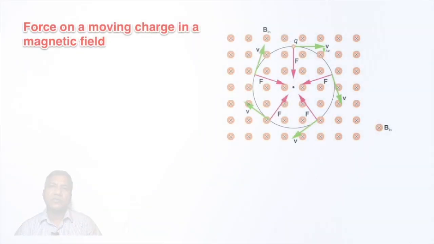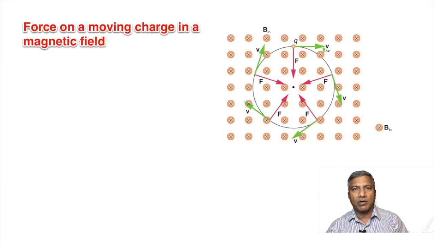One important consequence is that the charged particle can continuously move in a circular path. Let me show you that situation. So now if you look at this diagram, you see X is here.